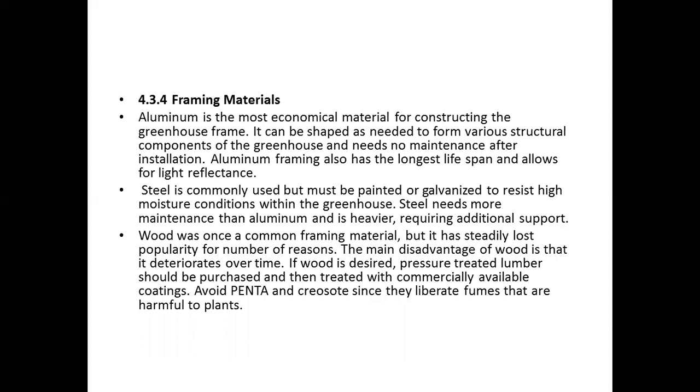Paint has various chemical reactions on the plants, as it liberates fumes that are very harmful to plants, and it affects the quality of plants, quality of crops, and may influence the gathering of many insecticides. Okay, so this wood is avoided, and it is a very outdated type of material that was used before steel and aluminum.